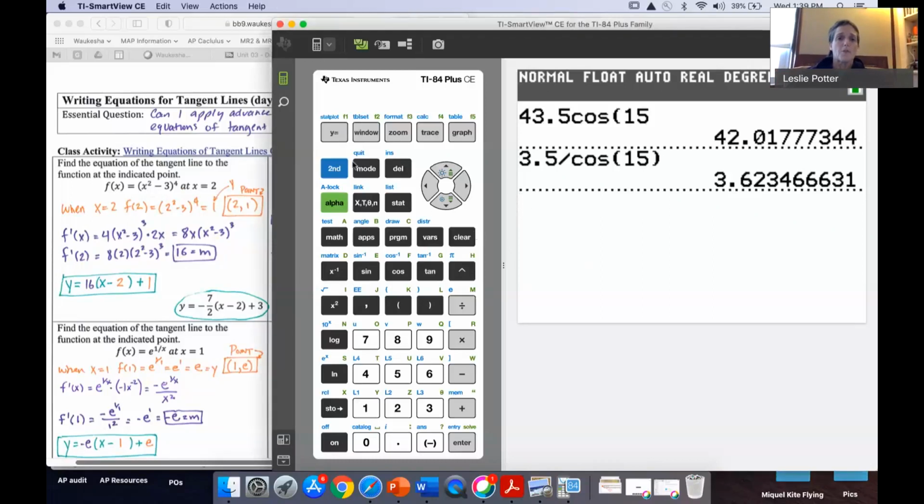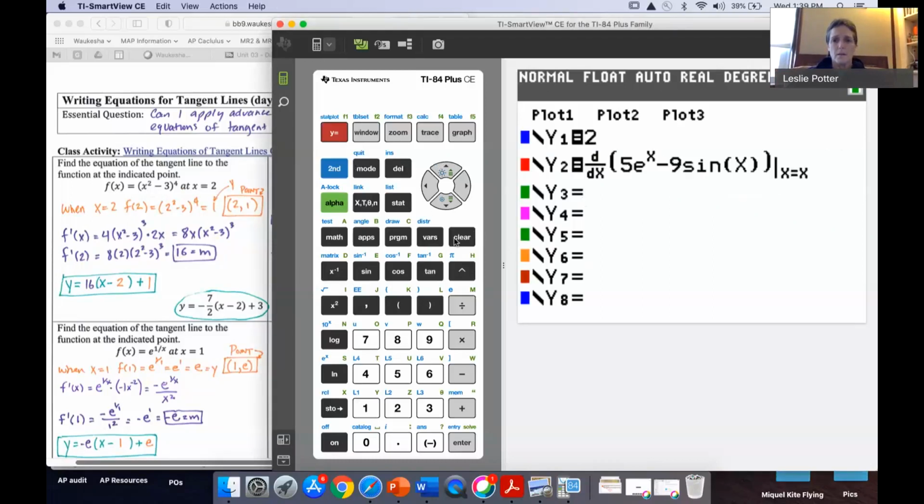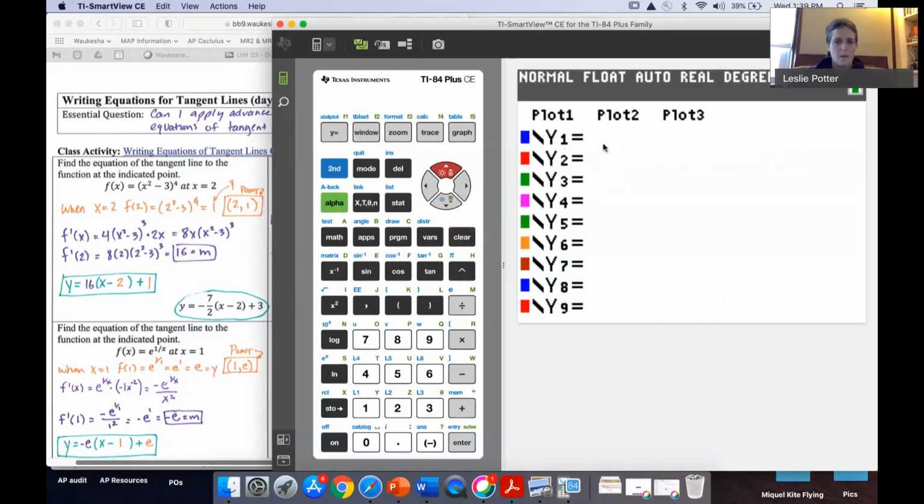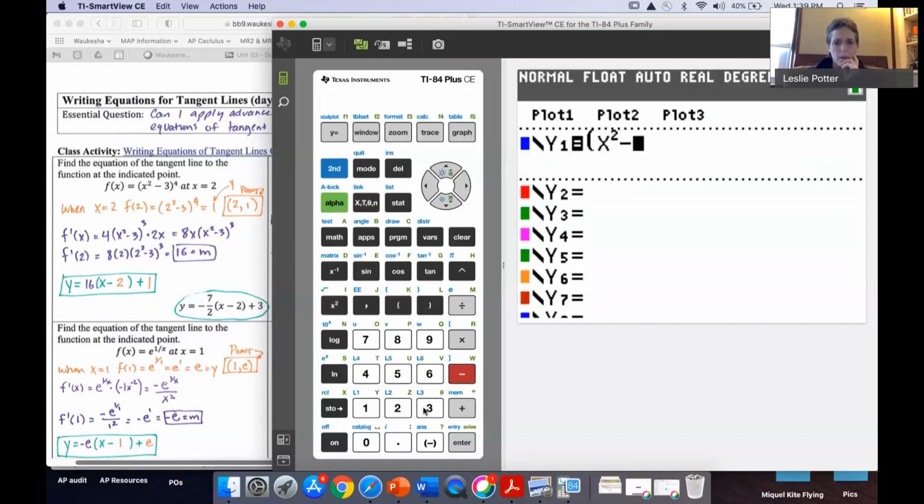Okay, so the first thing we do is get rid of everything here. You're going to want to put the function in your graphing calculator. I'm going to put in Y1 the quantity x squared minus 3, all to the 4th power.